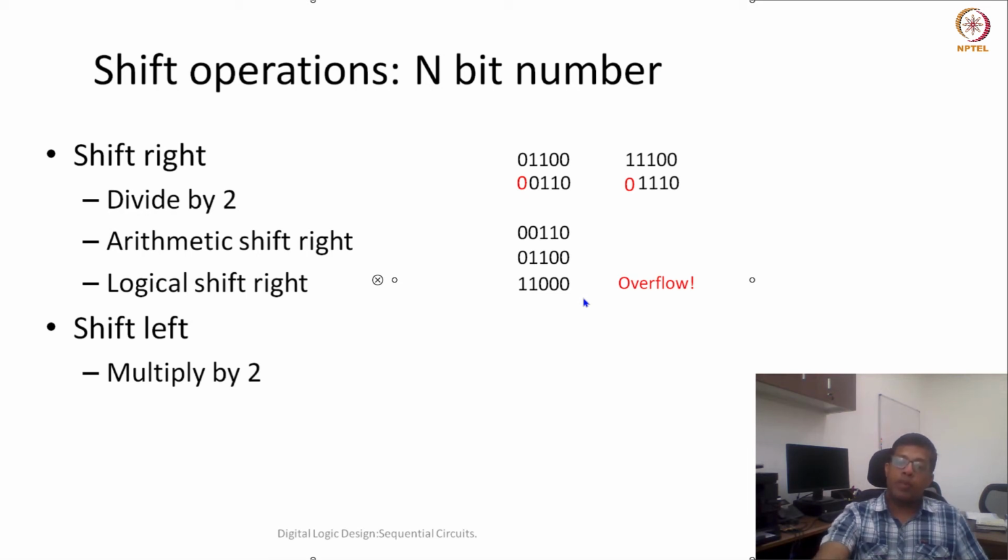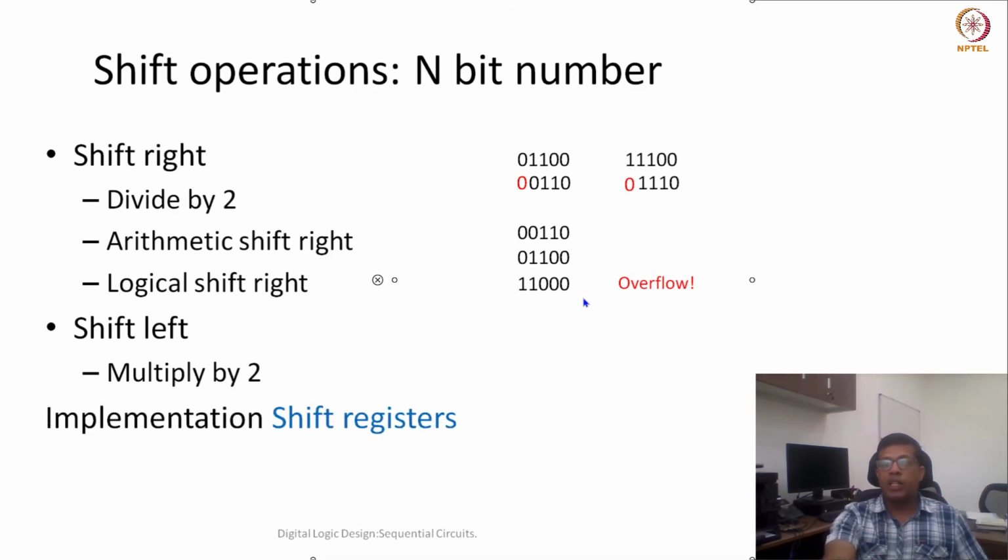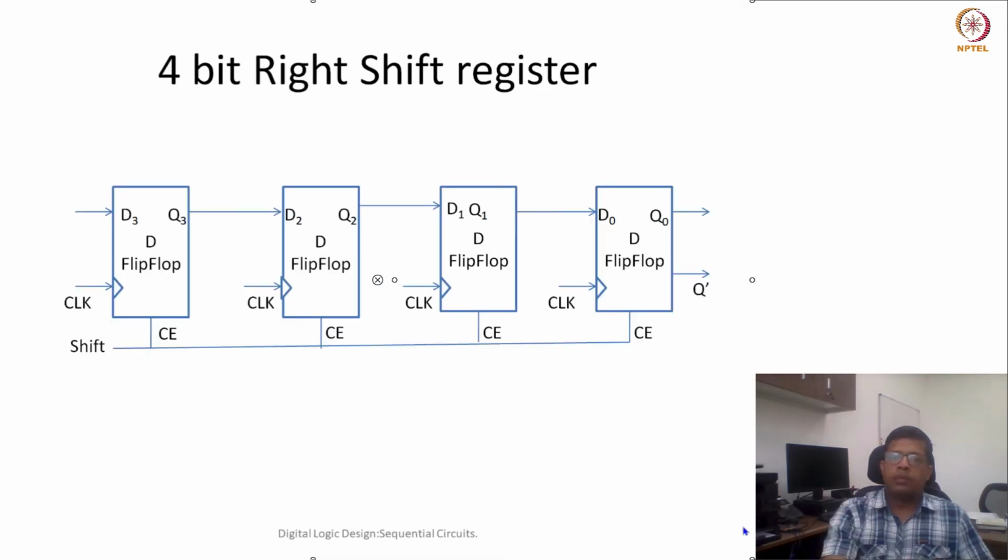Okay, so if we have to implement a shift right operation, let us see how this shift right operation can be done using shift registers. Now this diagram is similar to the previous serial-in shift register. Here each output is fed as an input to the next register. This output Q2 is given as input to D1, Q1 is given as input to D0.